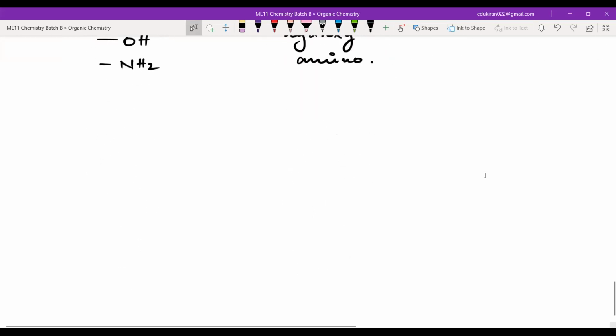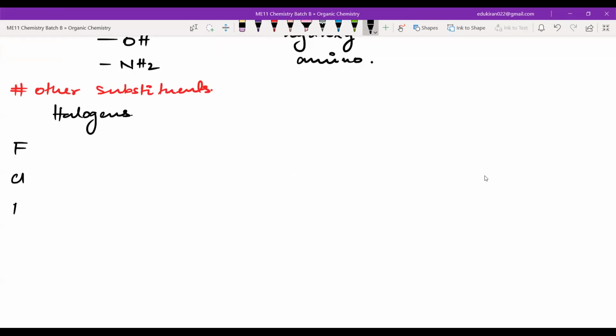Okay. Now, other substituents. In other substituents, you have a list of halogens. Sorry for the mess up. In halogens, you have fluorine, chlorine, bromine, and iodine. So fluorine is written as fluoro, chlorine as chloro, bromine as bromo, and iodine as iodo.